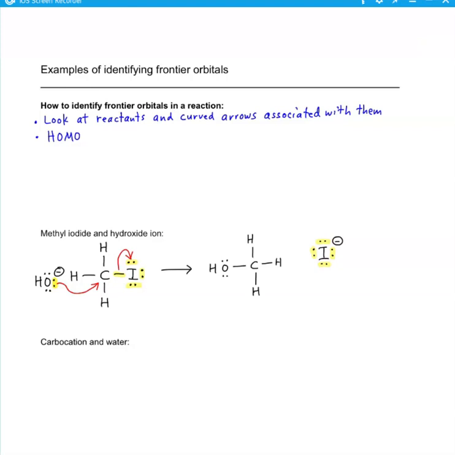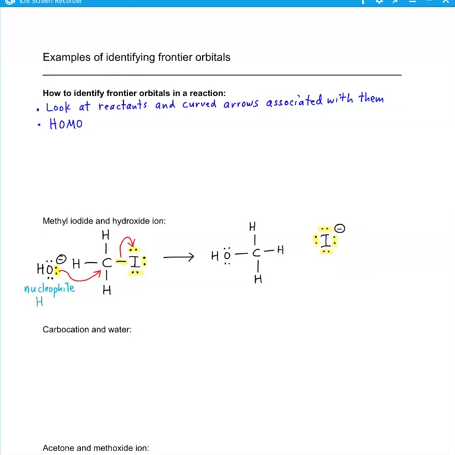That means that the hydroxide ion is acting as a nucleophile, and as such, it will be using its HOMO. The methyl iodide is the recipient of those electrons. Therefore, it's the electrophile, which means that it must be using its LUMO. It has to have an empty orbital to accept the electrons.